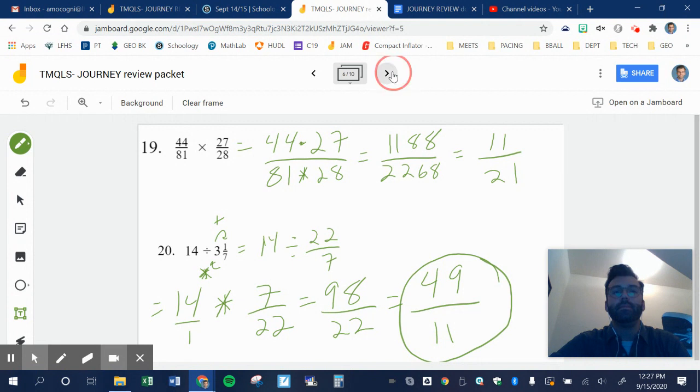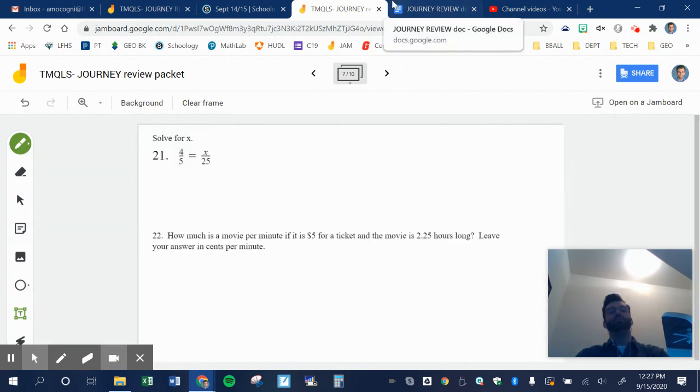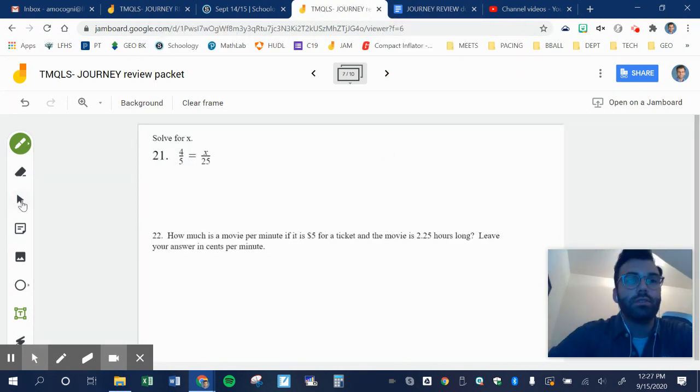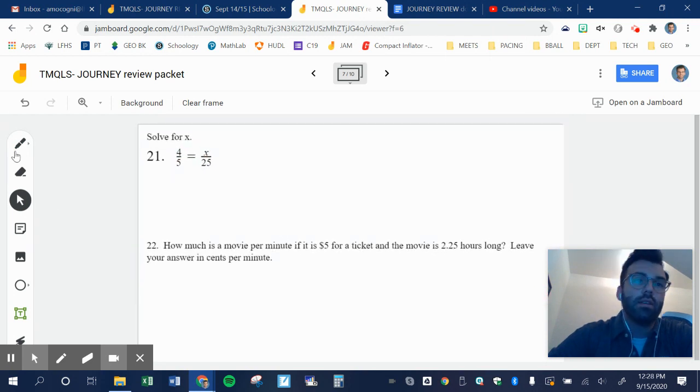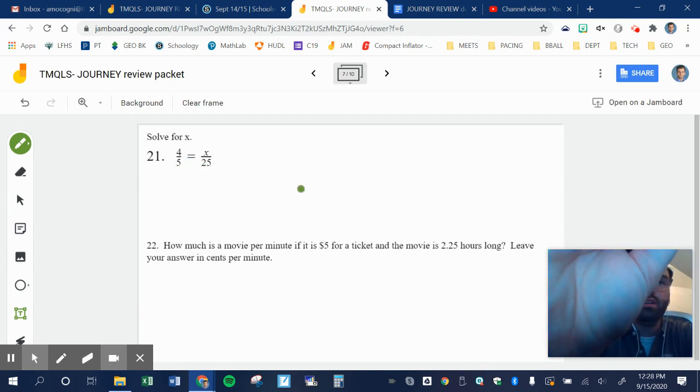All right. Still going here, solve for x. Since I have a fraction equal to a fraction here, I can just cross multiply. Or you can think about, what do I do to 5 to get to 25? Oh, I multiply it by 5. But I'm going to cross multiply if you can't see that.